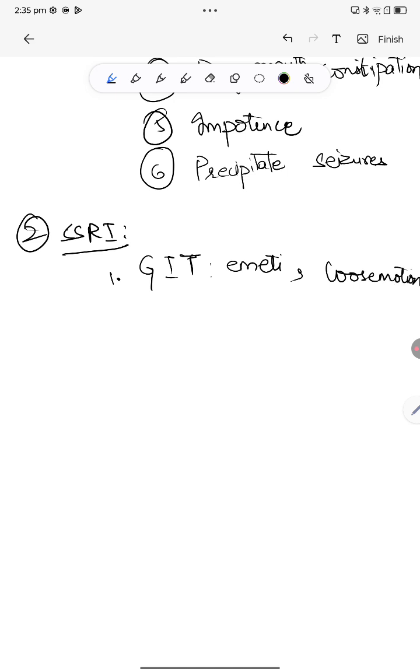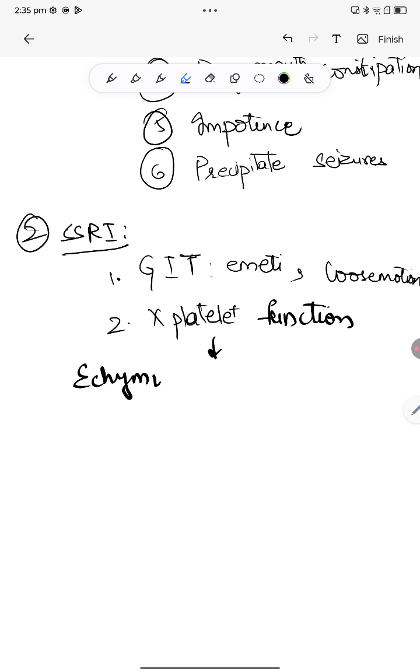They also have some effect on platelets, because of which impaired platelet function is seen. This impaired platelet function is responsible for ecchymosis as well as epistaxis.